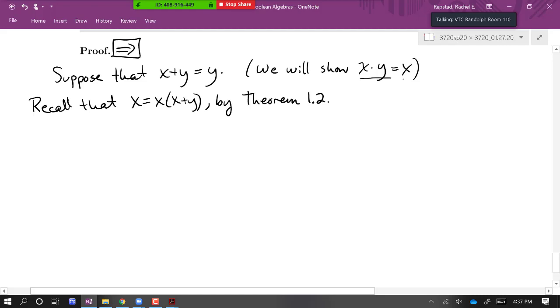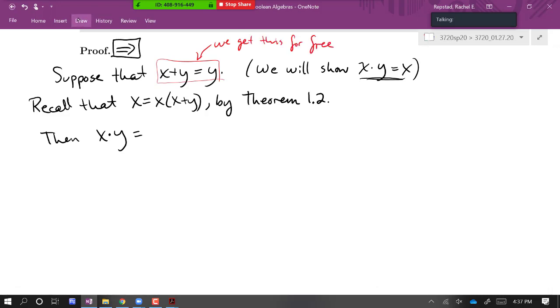So we want to show that x times y is equal to x. So let's start with x times y. Now we're going to make a substitution because our supposition here is that x plus y is equal to y. We get that for free. So I'm going to substitute y with x plus y.